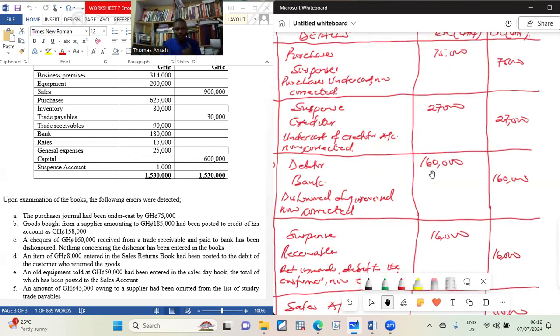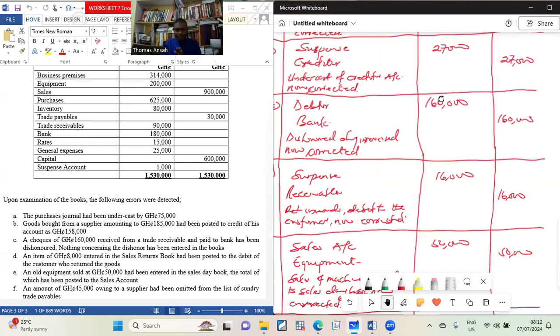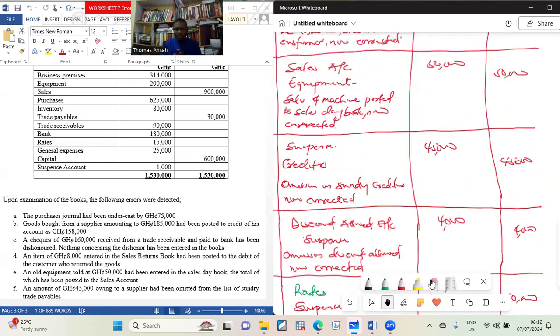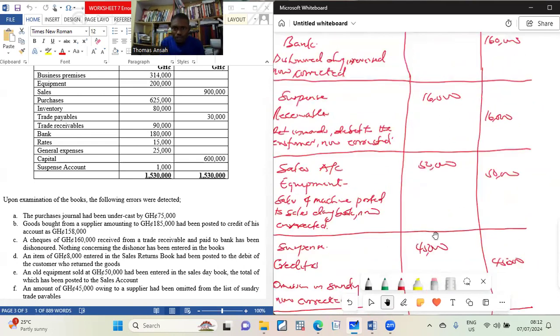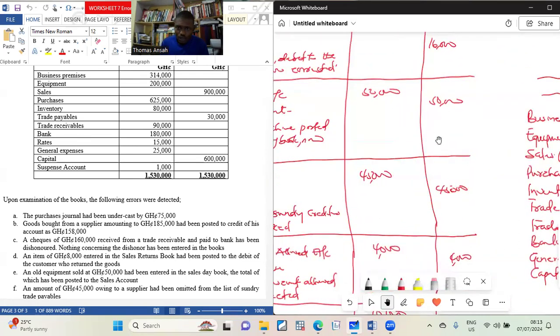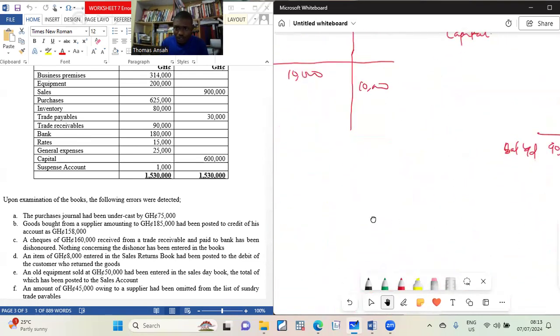So I need to create a bank alongside. So I think that's the only bank thing here, right? Yeah, that's the only bank thing here. So I'll close out the bank. So the first one is 160, but there's another one here for receivables. So let's go to that 160.